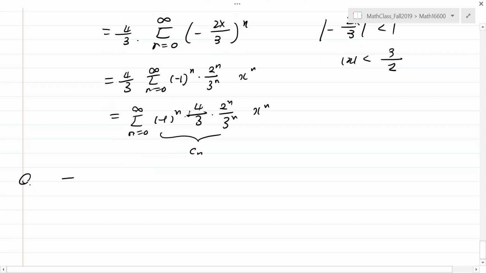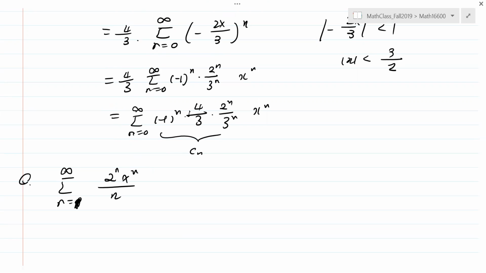So I'm given the power series. I'm going to change it, look at this, n starts from 1. The question is, this is a power series, so what is the radius of convergence? You can check. The radius of convergence is going to be 1/2.